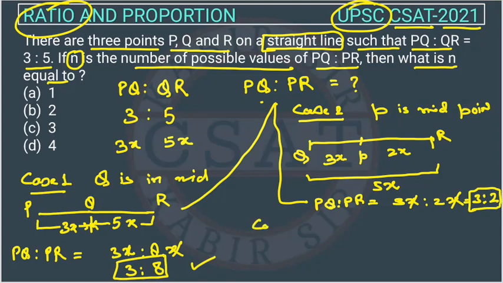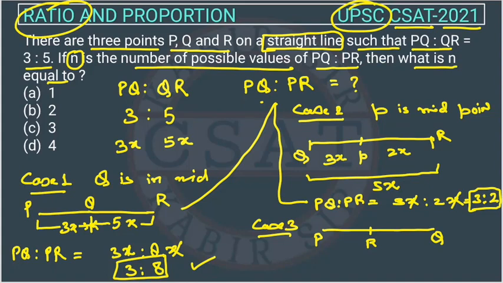Now case 3. This is also possible, like R is in the middle, right? So suppose R is in the middle. If R is in the middle, then P will be here and Q will be on this side. PQ will be on the edges, right?